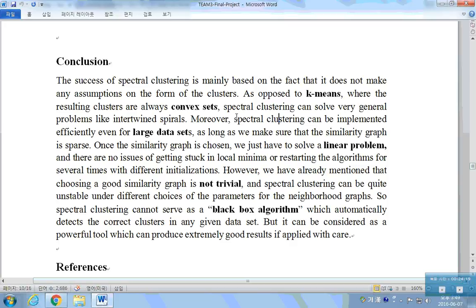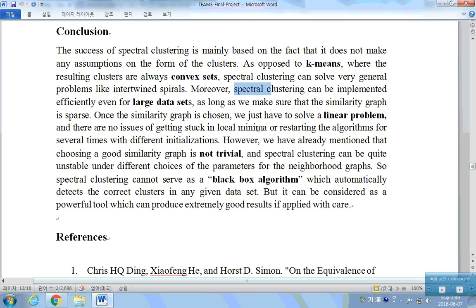Also, for spectral clustering we only have to solve linear problems, just eigenvalue problems. And there are many algorithms for finding the eigenvalues quickly.